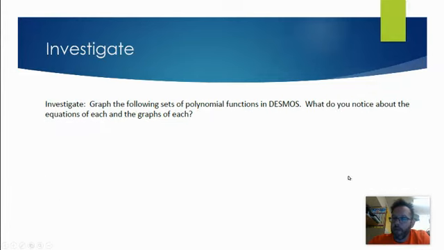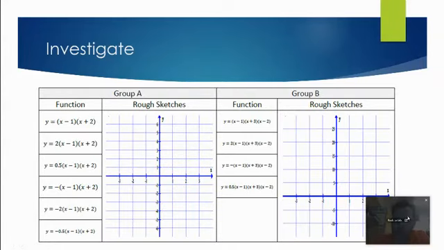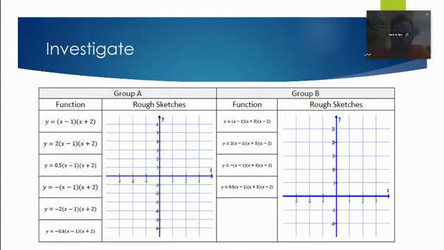To start off, with a bit of an investigation, I've given you two sets of polynomials, and I want you to make some connections between the functions, their actual equations, and the graphs, because obviously in each group there are similarities in the equations themselves, and when you graph them as well, there are going to be similarities in the graphs.